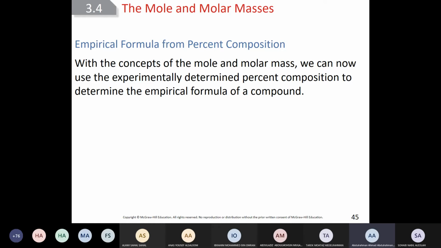Okay. Empirical formula and percent composition. What's the empirical formula? What does it mean? The simplest formula. Simplest form. What's the empirical formula for C6H6?